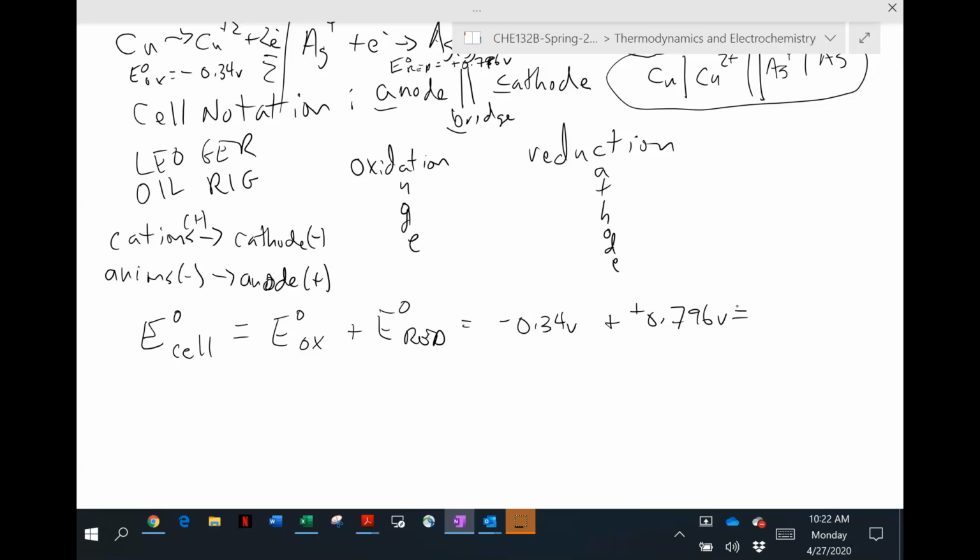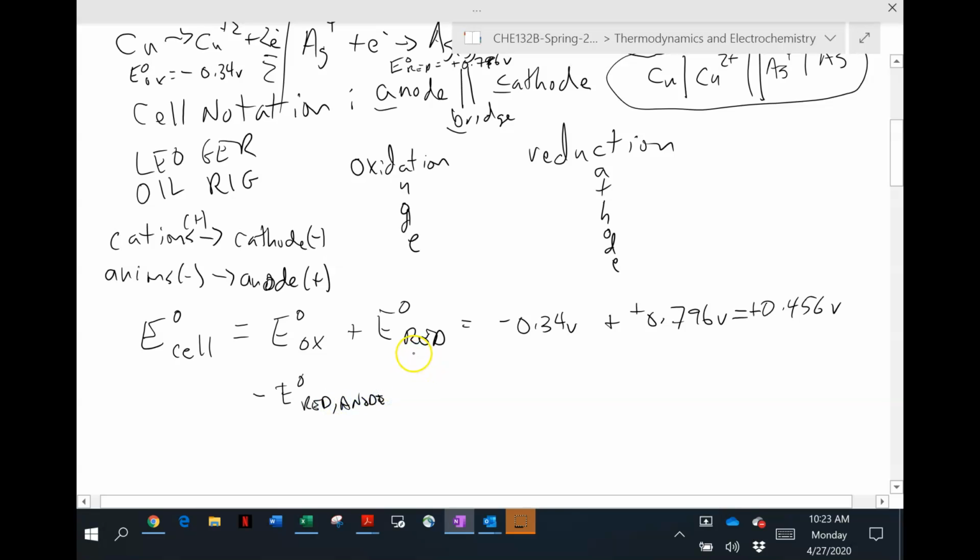So I'm going to say 0.796 minus 0.34, and sure enough I got 0.456 volts, and again that's positive, which means that reaction is thermodynamically favorable at standard conditions, which is what the naught means.